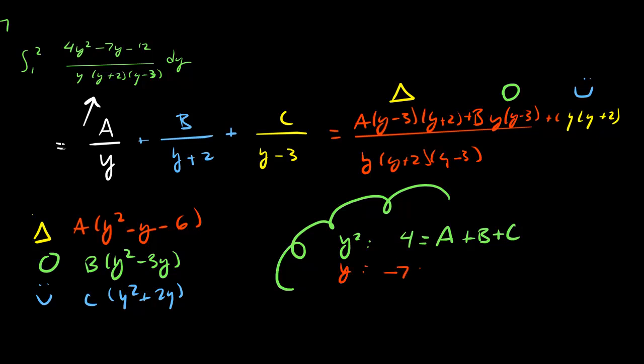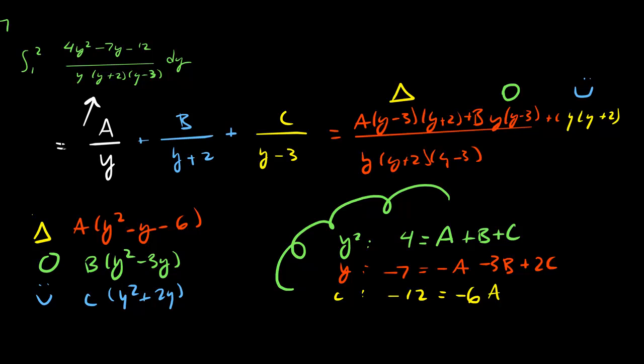In the original, it's negative 7. And in my guesses, I have A minus A minus 3B plus 2C. And what is our constant term? In the original, it's negative 12. In this problem, we're a little lucky because A is the only one with a constant, and so it'd be negative 6A.